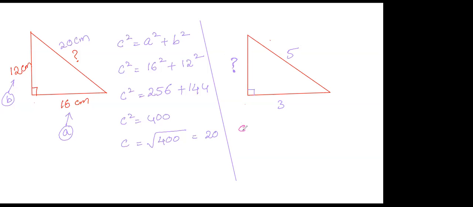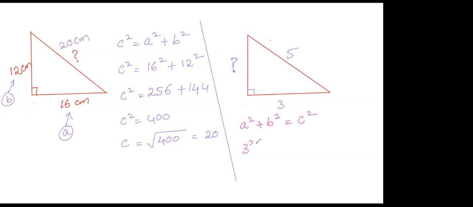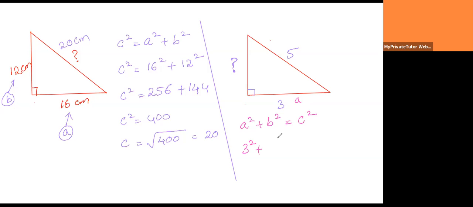A square plus B square equals C square. Okay, Iris, you agree? Okay, so what is the A value here, Iris? It's 3. Yeah, and what is the B value?